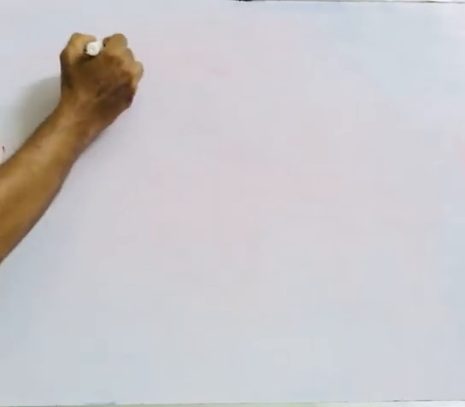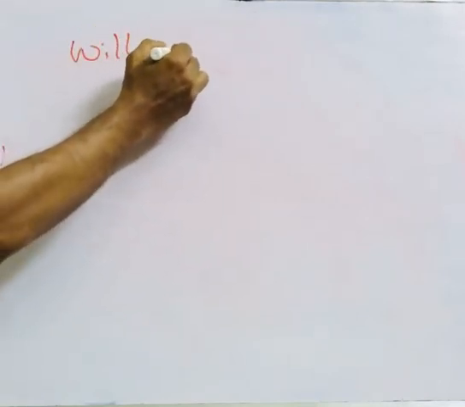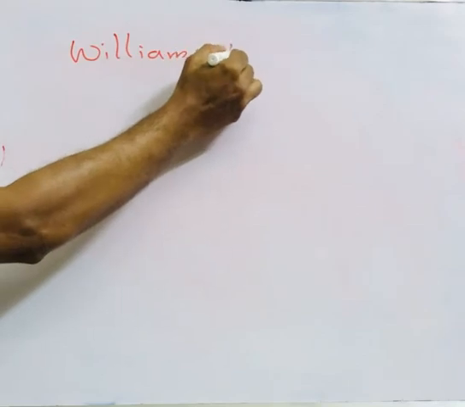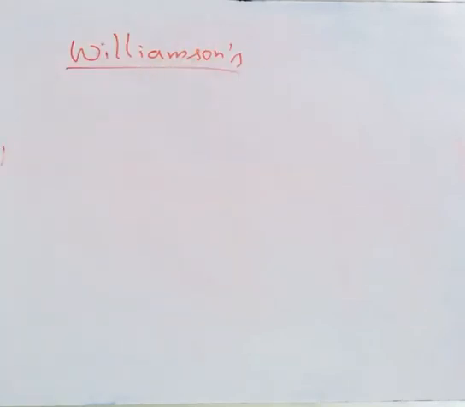So now we will see some more questions which were asked. The next question: write the equation involved in Williamson's ether synthesis. This is one particular reaction by which ethers can be prepared.